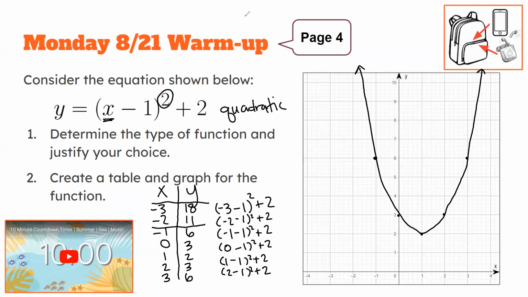There is something cool I want to point out while I have your attention, which is we know that if we were to graph y equals x squared, that when x is 0, we're at 0. When x is 1 or -1, we're at 1. We know 2 squared is 4.